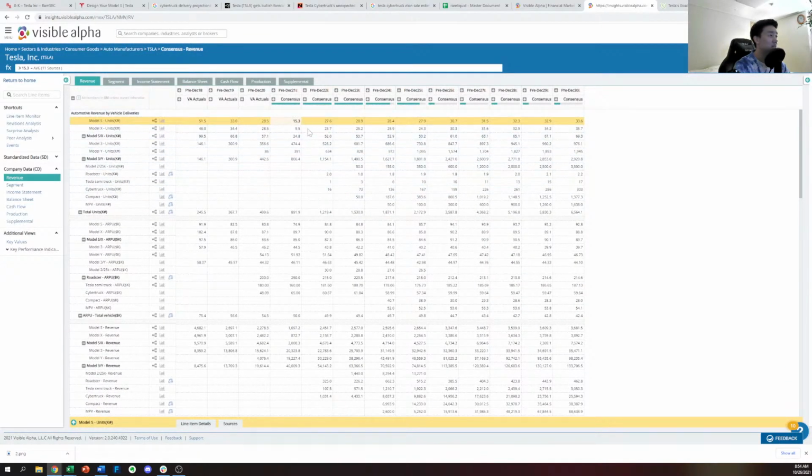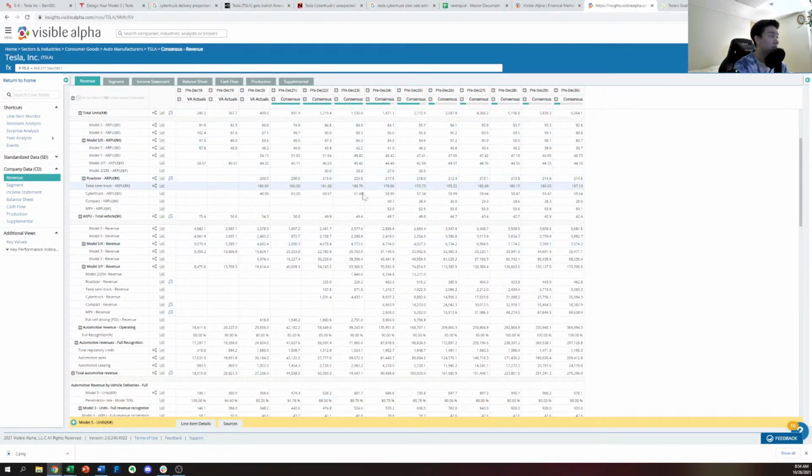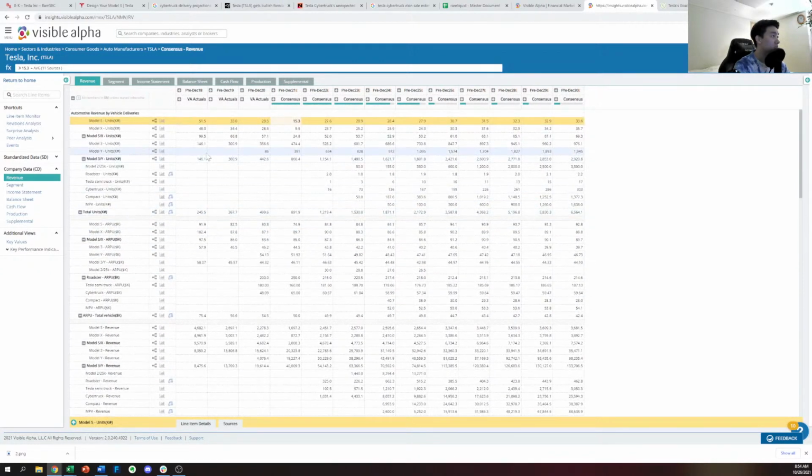So we're just going to look at what Cybertruck numbers look like for their units. Okay, units here, 2022, 16,000. So yeah, these are pretty small because Cybertrucks are a lot smaller market in terms of number of units versus these other sedans and SUVs.